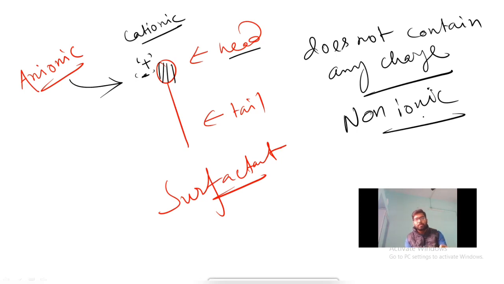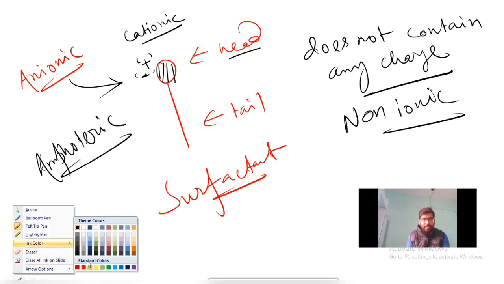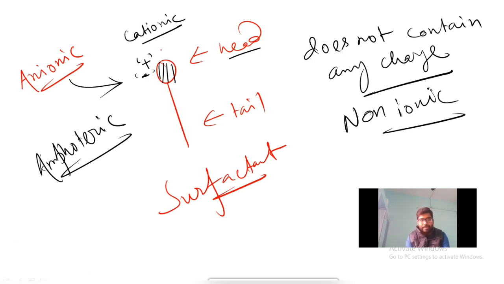Very important topic, very important information also. Please do understand it. Then in case of amphoteric or zwitterionic surfactant, what happens? The head portion contains both positive and negative charges. That's why they are known as amphoteric surfactants.